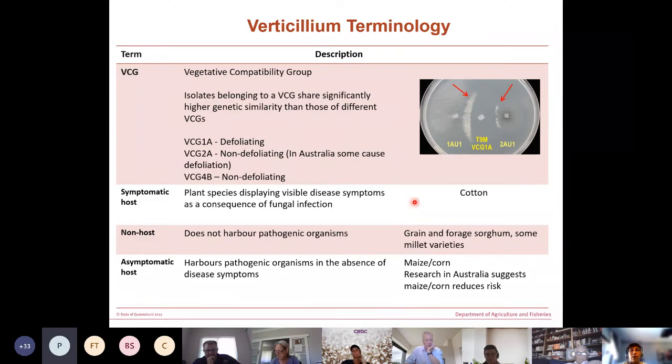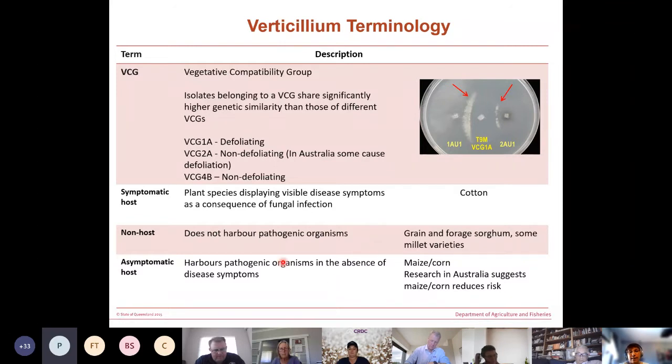A symptomatic host is a plant species that is infected and then displays symptoms of infection, such as cotton. If it's a non-host, it doesn't harbour that pathogen, so you will not be able to isolate it out of the vascular tissue. Some of those crops are grain sorghum and forage, but also some millet varieties.